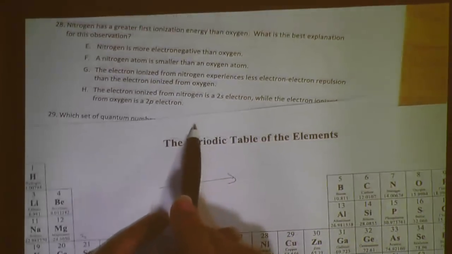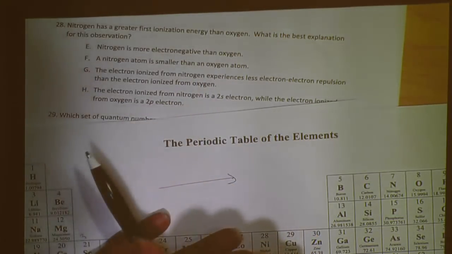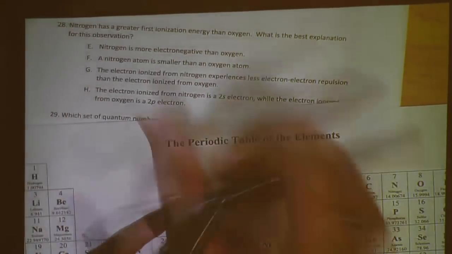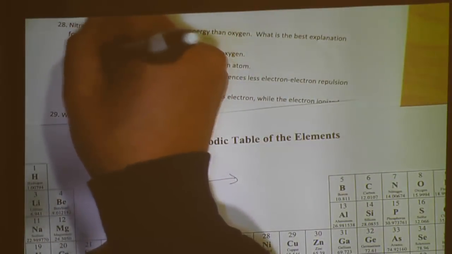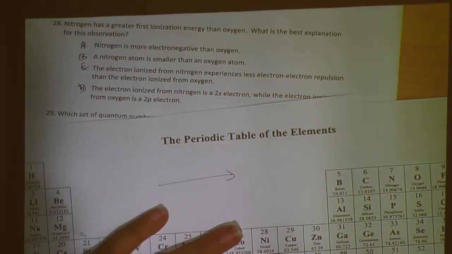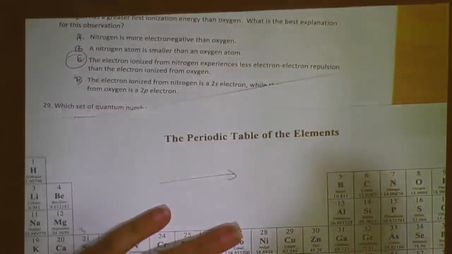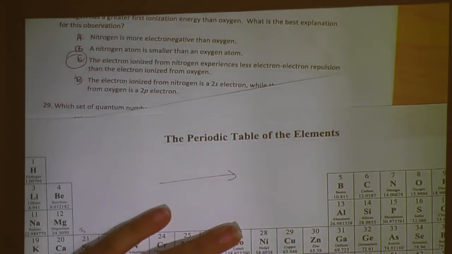So this is A, B, C, and D. The answer for this one is actually C, that the electron ionized from nitrogen experiences less electron-electron repulsion than the electron ionized from oxygen.